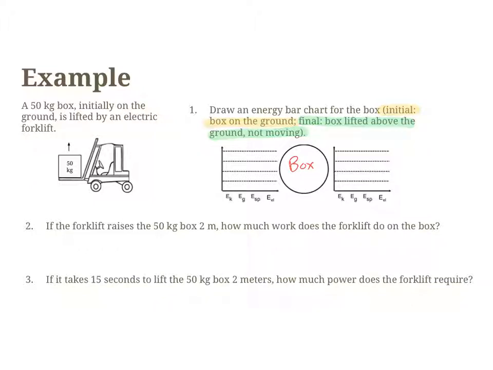So in this case right here, we know that the box is above the ground, it's not moving, so it's going to have some gravitational energy. Okay, could have 4 bars, 2 bars, doesn't really matter. But how did the box get lifted off the ground? And remember, the box got lifted by the forklift. So that means that the forklift did work on the box.